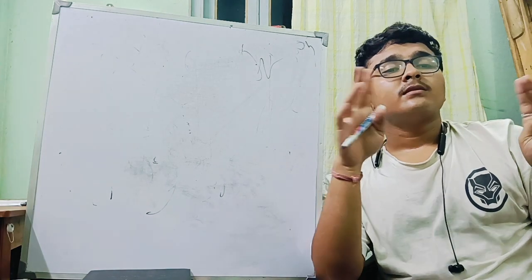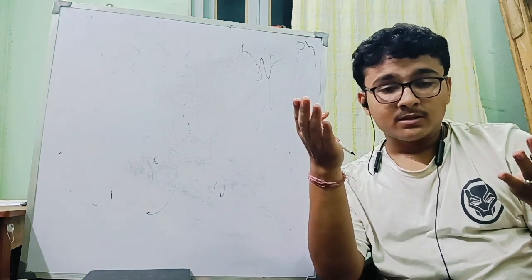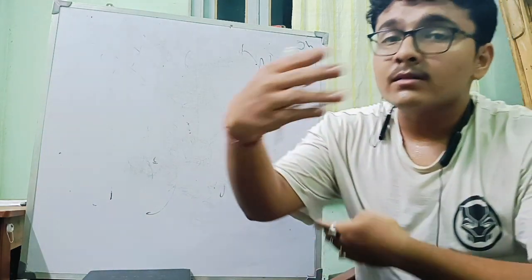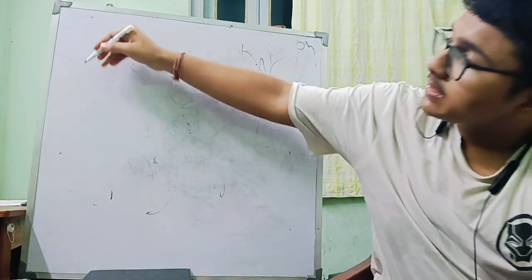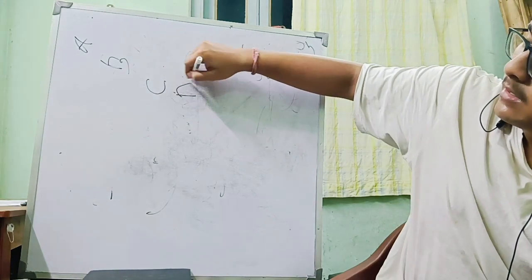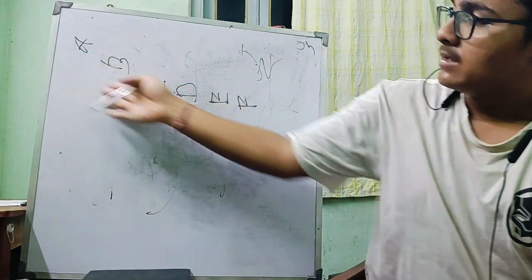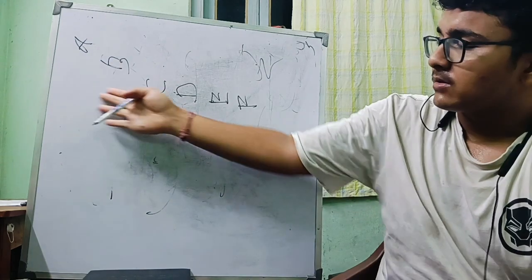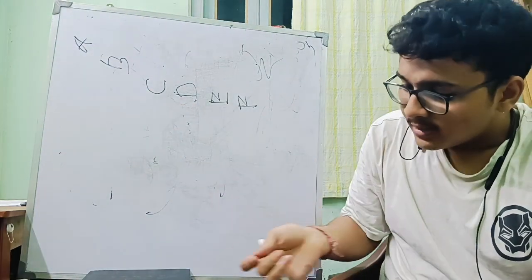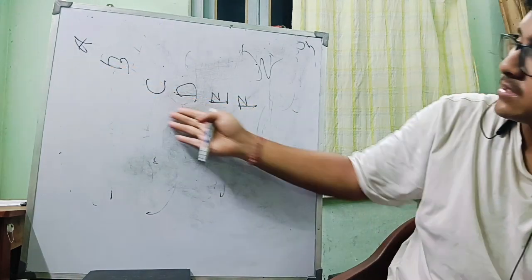So in total, including 0 and 1 to 9, there are 10 different kinds of numbers. Then it goes on: A, B, C, D, E, F.